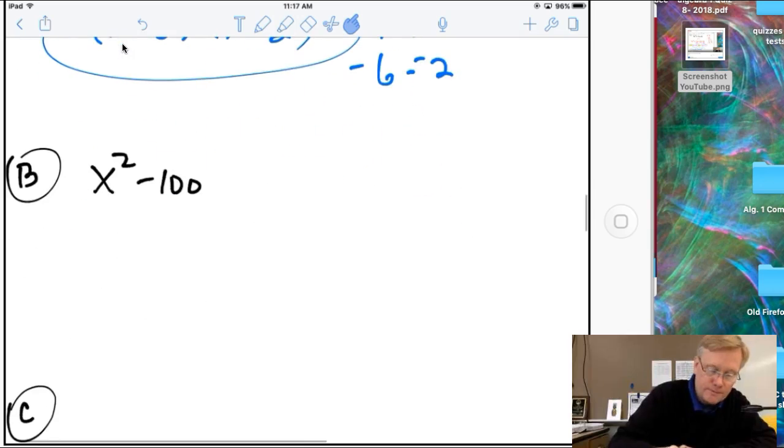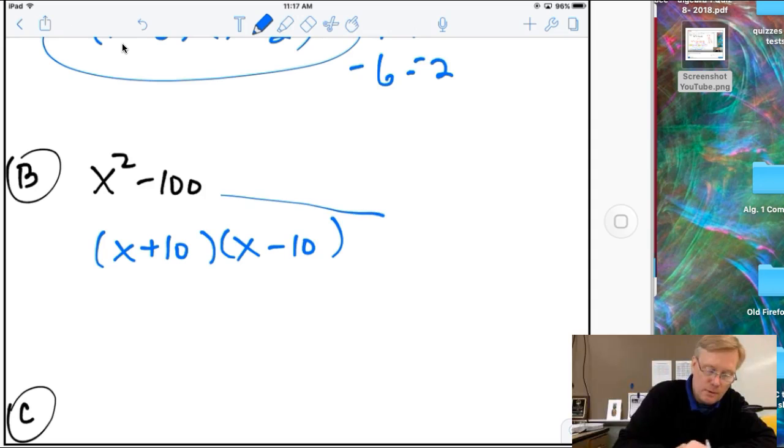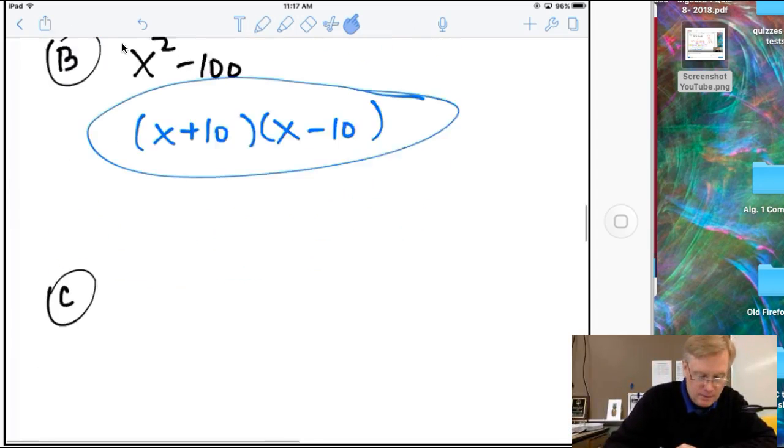And that's the answer. This one is a difference of 2 squares. I'm looking for the things that multiply up to negative 100 and add up to 0, or you can just remember it's plus 10 and minus 10. Either way, that's the answer.